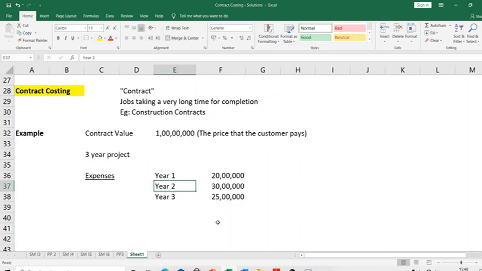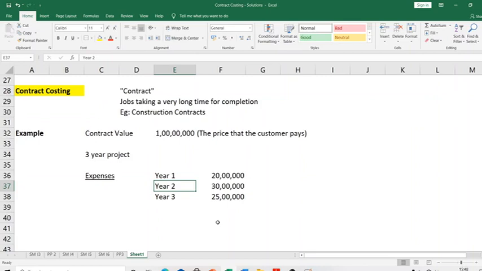Now what happens is the matching principle kicks in and says expenses have to be recognized only in the year in which the revenue relating to that expense has been recognized.